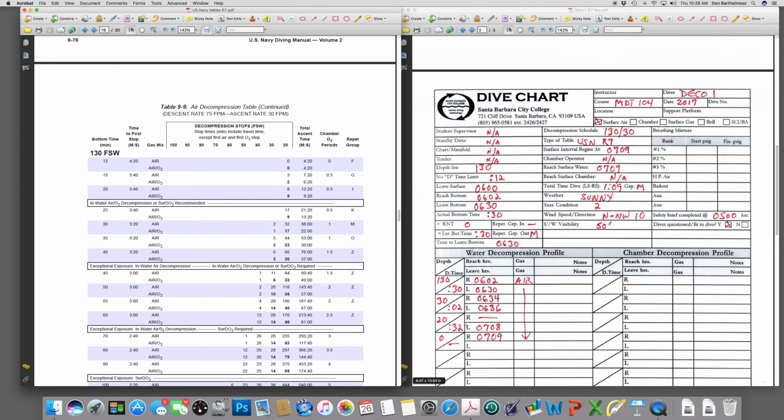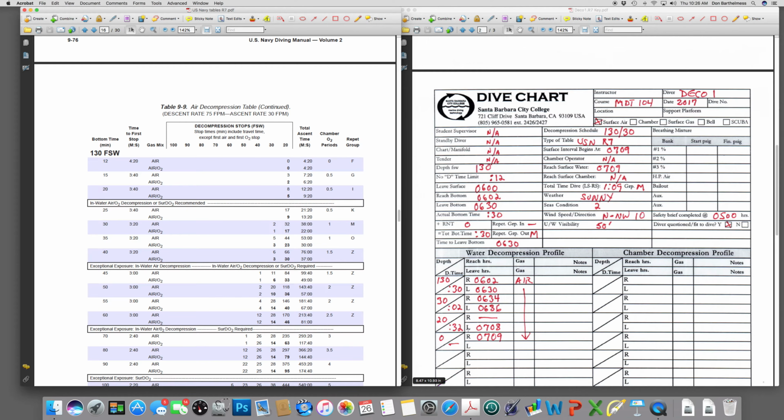So at 7:08, we're going to leave our 20-foot stop. Okay. In reality, you bring the diver up 10 feet, should take you 20 seconds to bring that diver up 10 feet. So you bring the diver up slow, but as soon as he moves, that clock is running for the next stop time.